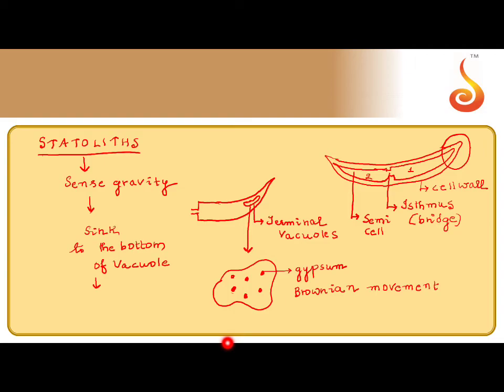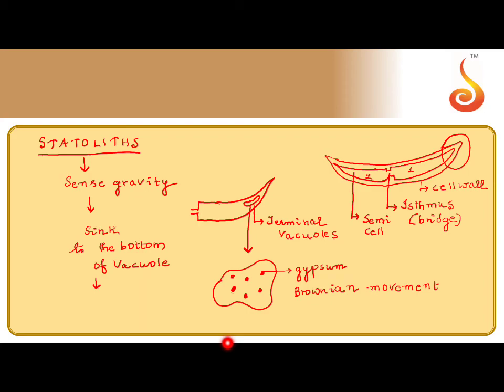So who will sense the gravity in the Closterium? The gypsum crystals. Because they are heavier than the surrounding, they will attach to the starch granules and they will be denser than the medium. Whenever there is gravity, they sink down in the semicell, in the vacuole. Then the organism will use up the stored food, make itself light so that it can float on the surface.